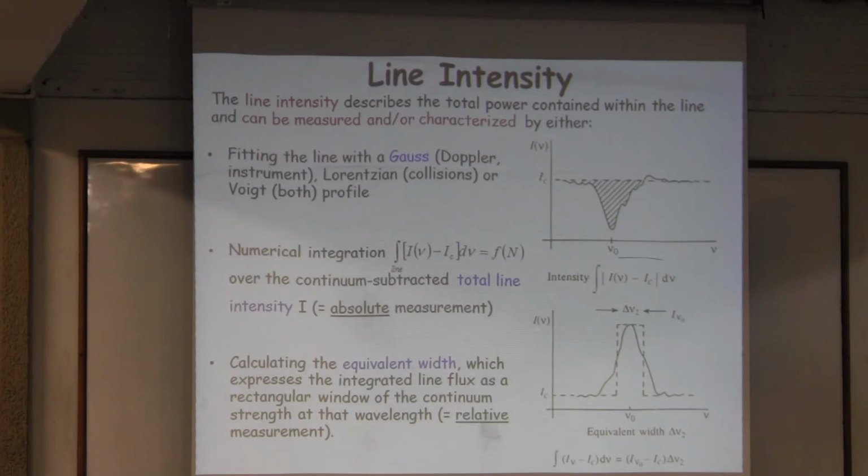So it's essentially comparing the line intensity with the continuum intensity. And the beauty of that quantity is that it's independent of some things you may not know, like the distance to the object.